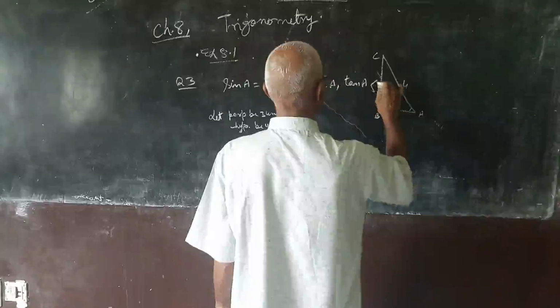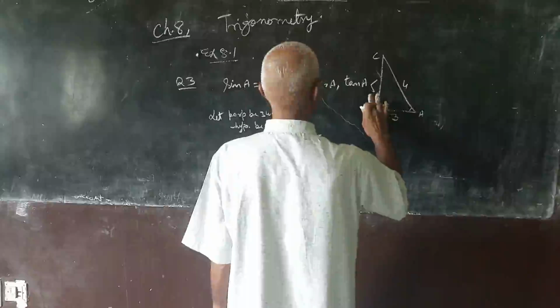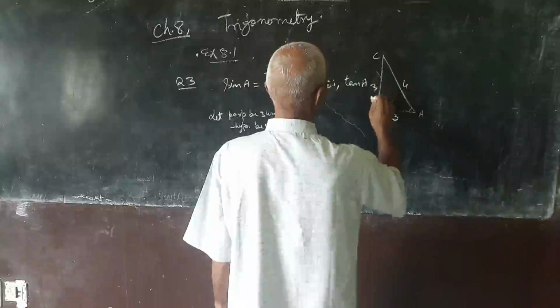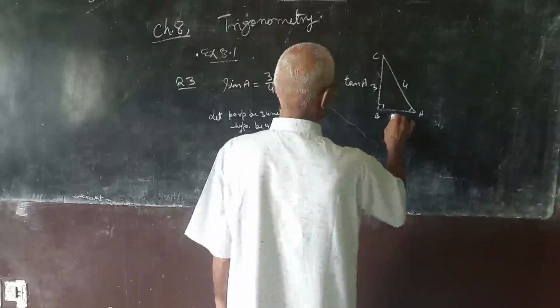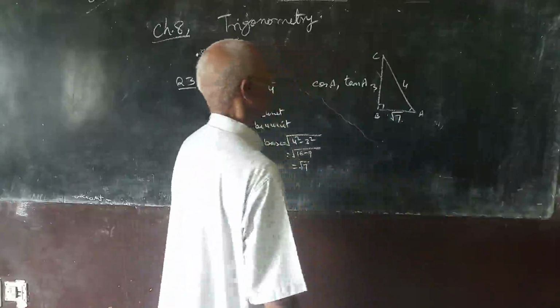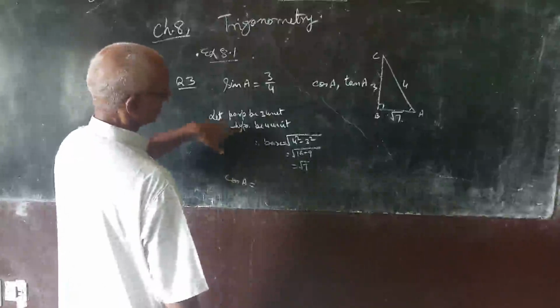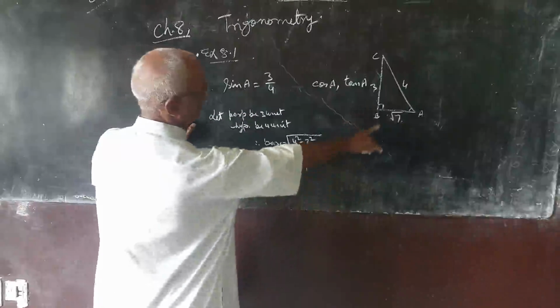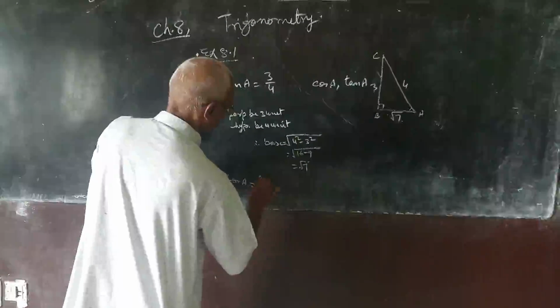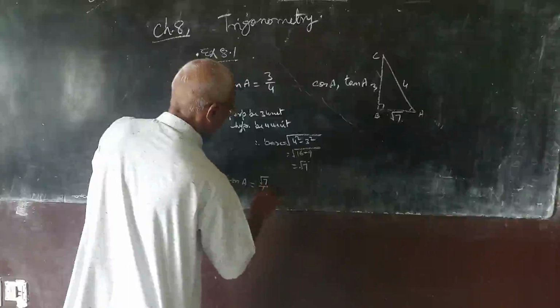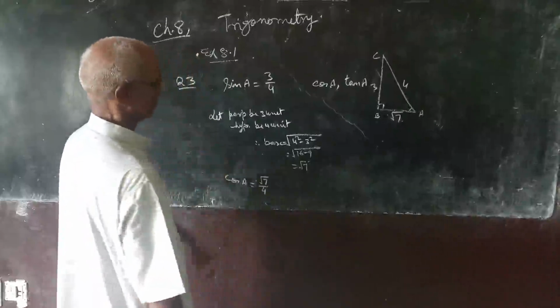So this perpendicular is 3, and this comes root of 7. This is the case. So cos A will be base upon hypotenuse. So it becomes root 7 upon hypotenuse, which is 4.